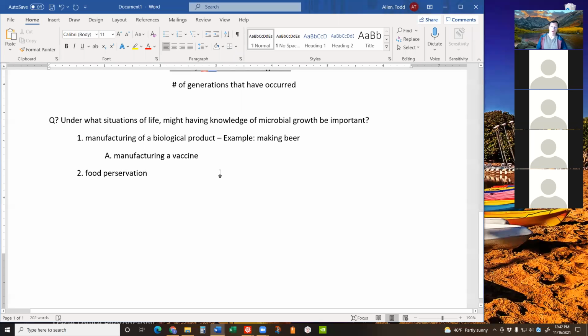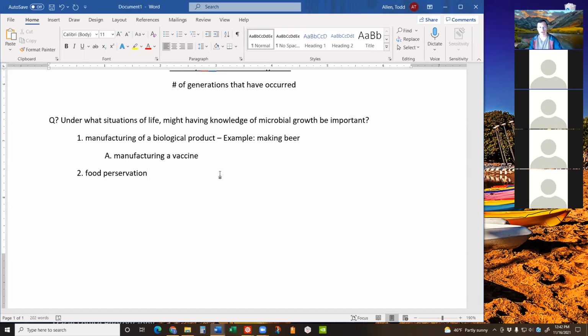Don't we want to have some idea of the shelf life of foods we have, right? How long can you keep a piece of bread out of the refrigerator? You know you're going to get mold on the bread if you keep it out of the refrigerator. Heck, if you put the bread in the refrigerator, eventually it's going to get moldy too, right? There are issues of food preservation.